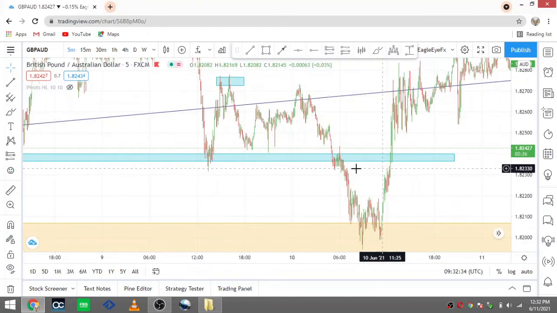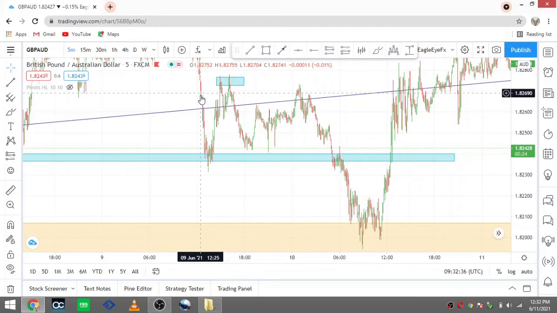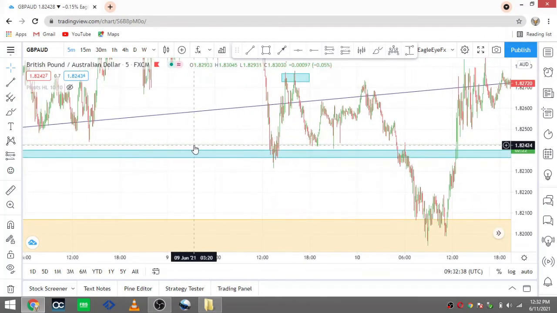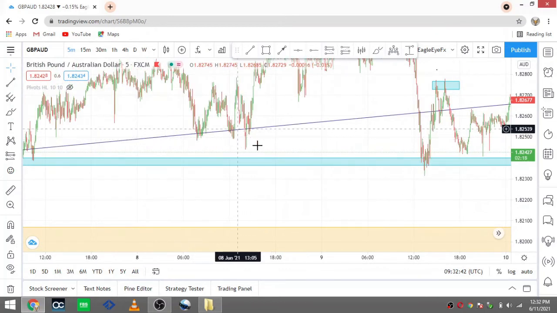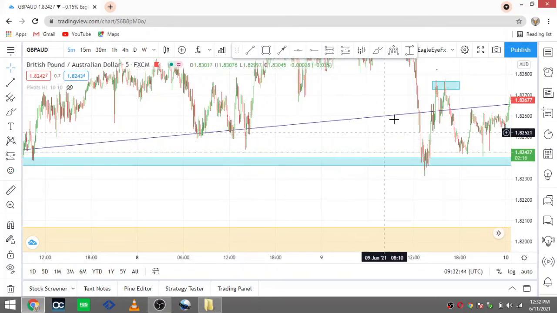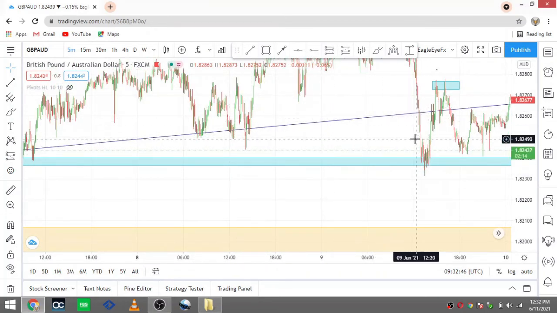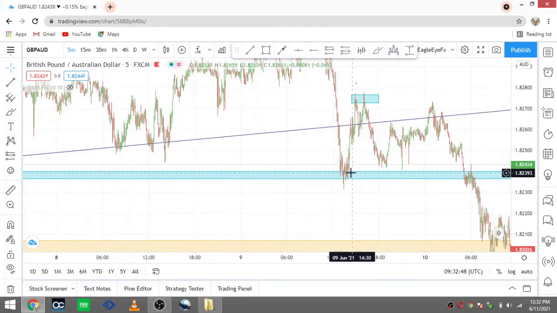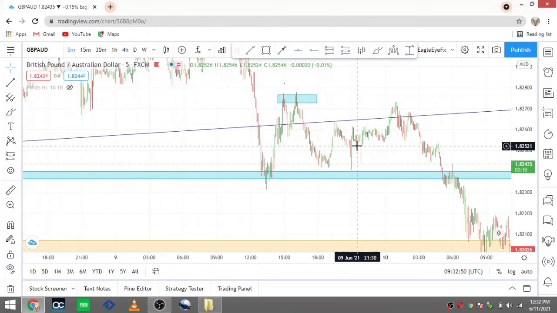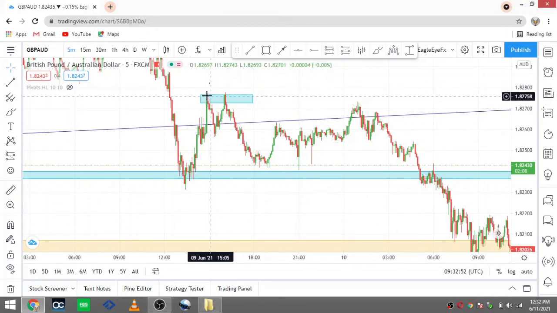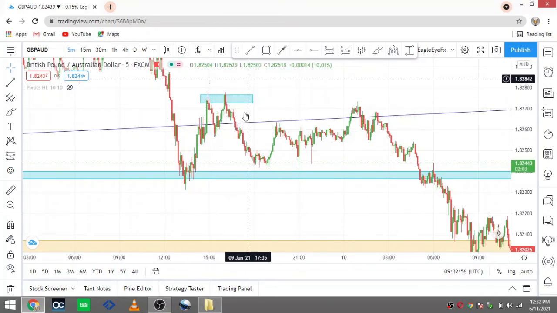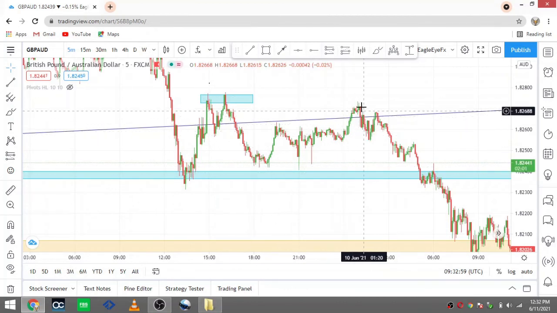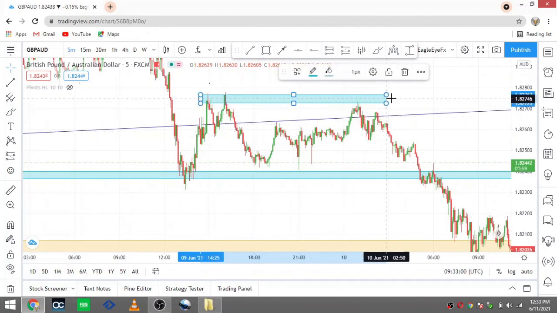You see an opportunity, don't just jump into the market, because this could have been a fake out, because if you look here, you see that there was also some sort of fake out before. You see, even though the market broke here, I did not just enter immediately. I waited to see some sort of confirmation, and my confirmation here was this double top, and you can see that it came to test again this place.